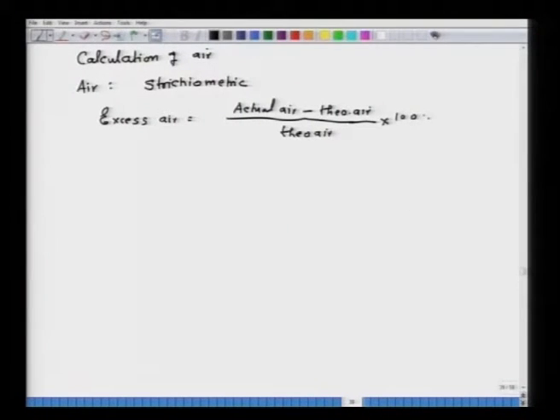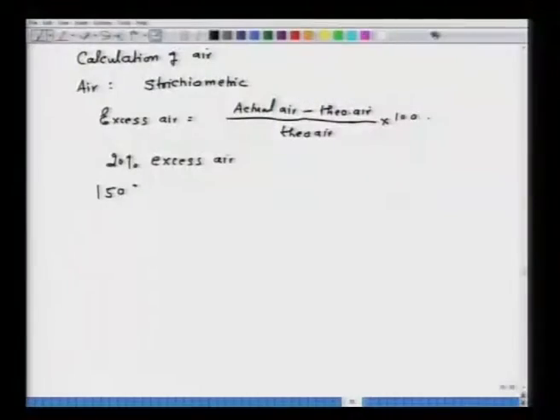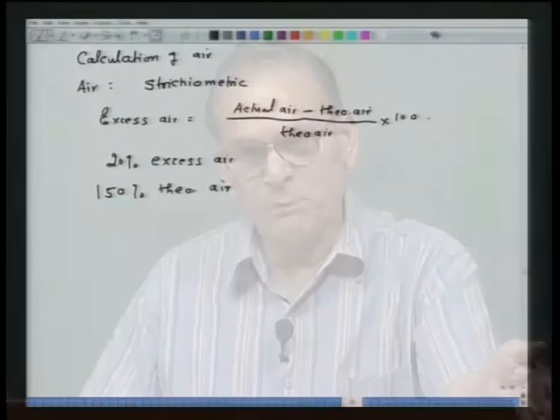So, for example, if you say 20% excess air, then in fact we are using 120% theoretical air. We may say we are using 150% theoretical air, then we can say we are using 50% excess air. So, these are the different names that you will find while solving the problems on the unit processes.